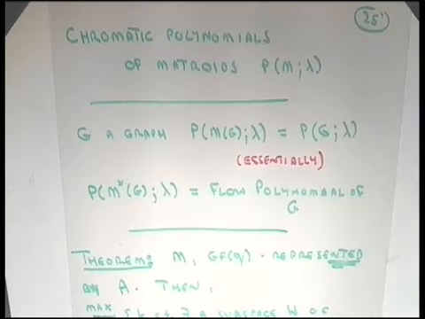Just as we're already aware that the Tutte polynomial can be defined for matroids, and the definition is a direct generalisation, we can also define the chromatic polynomial of a matroid, either by a deletion-contraction recurrence, whatever your favourite way of defining it, so long as you don't define it in terms of k-colorings.